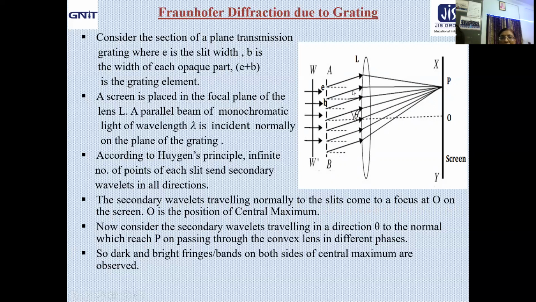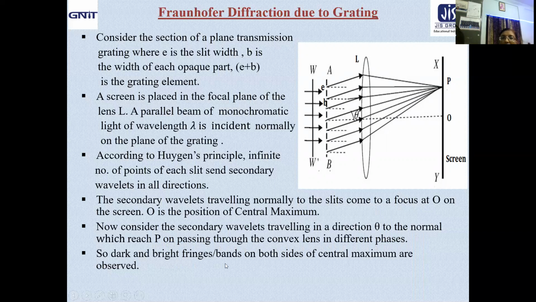So out of all possible directions, like the previous two cases of single slit and double slit, here we also consider two sets of beams: one coming out normal to the slit and converging at O, and the other coming out making an angle theta to the normal and converging at some point P on the screen. Now, the secondary wavelets traveling in a direction theta to the normal will reach P on passing through the convex lens in different phases because the paths are unequal.